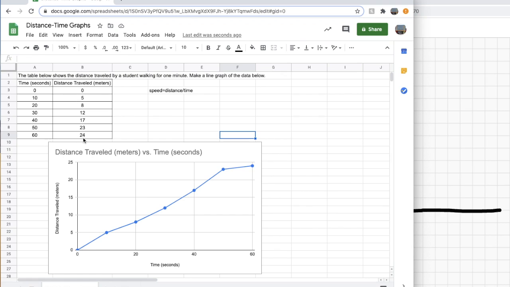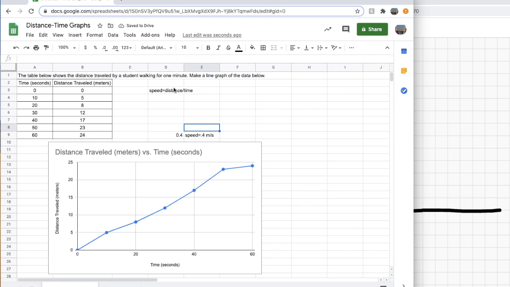So for example, if we want to take our average speed, our total distance and our total time, here it would be 24 divided by 60, which gives us 0.4 meters per second. So speed equals 0.4 meters per second is what we end up with for our average.